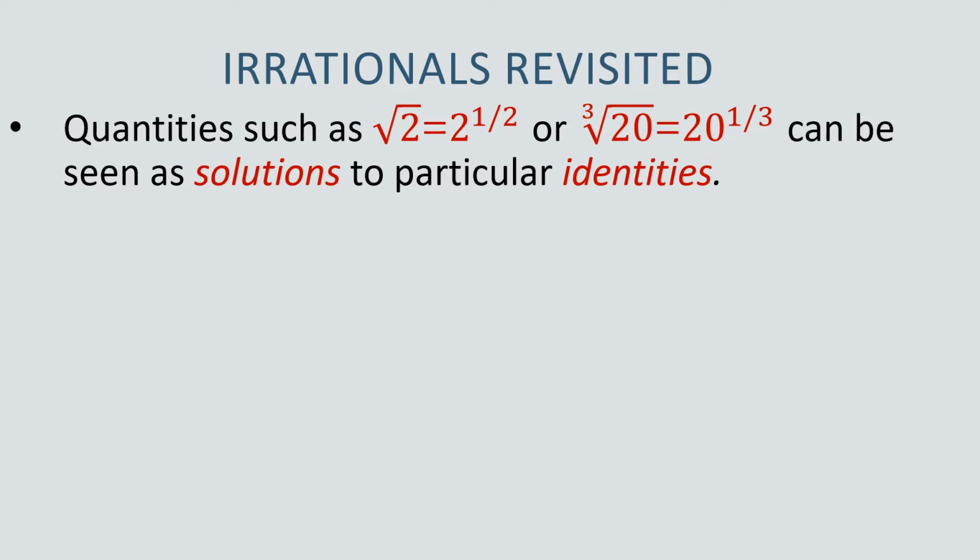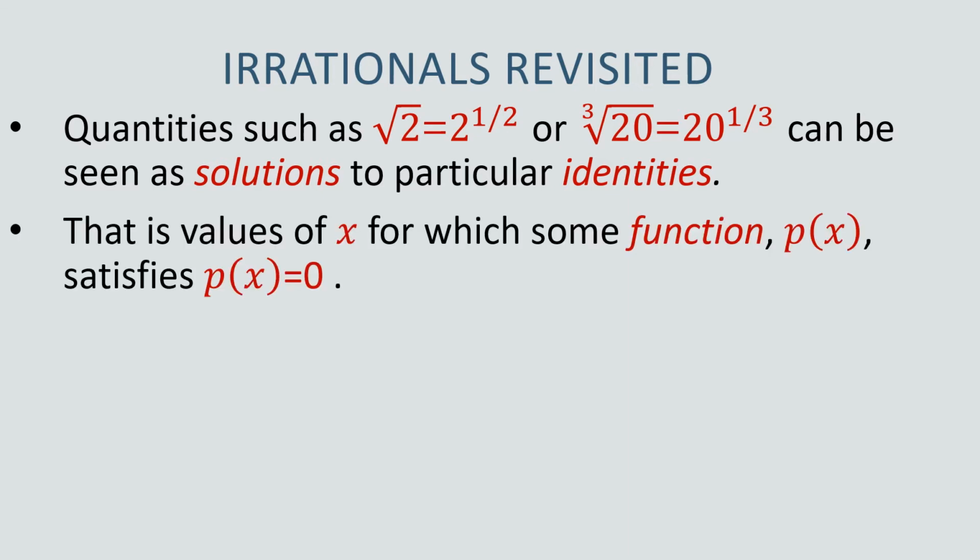What we can do, however, is describe these quantities as solutions to what I'll refer to as an identity, as a solution to a particular functional equation. So how do I do that? In other words, what do I mean by that?